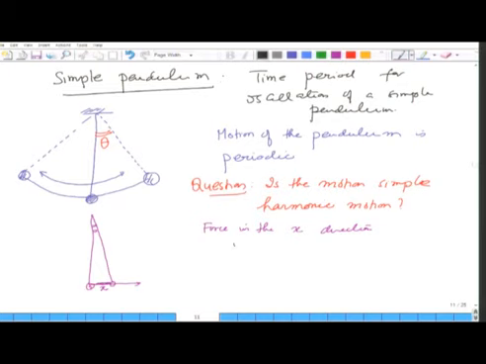When the pendulum is displaced, and here I am going to make an angle, its weight mg can be written as two components. One component is along the string and the other one is perpendicular to the string, and it is in the direction opposite to the displacement. And this component, if this angle is theta, this component f perpendicular to string is equal to mg sine of theta.